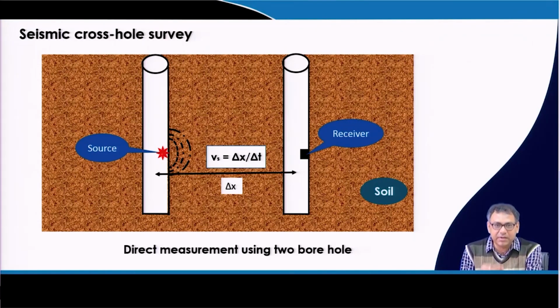And if the receiver is below the ground surface within the borehole and the source is at the ground surface, then it is called seismic downhole survey or downhole test. So, that means you can go for the seismic cross-hole survey or seismic up-hole survey or seismic downhole survey.